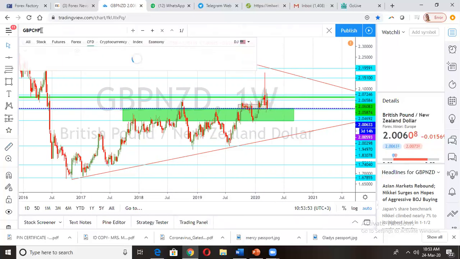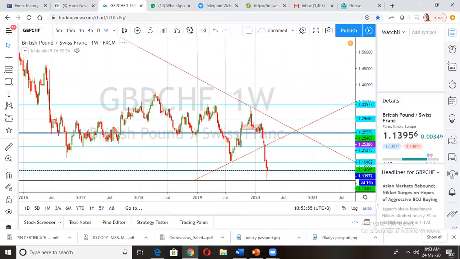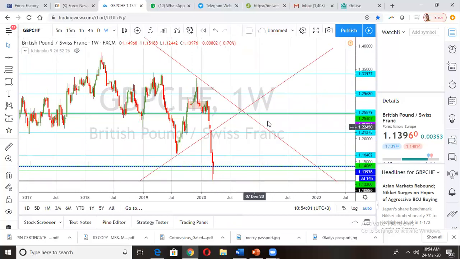GBP CHF. This is another one that just dropped out of the sky, but I'm seeing a buy. So I'm bullish on GBP right now. GBP CHF is very interesting. GBP CHF is bullish.